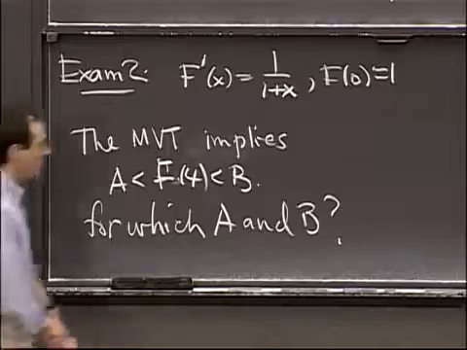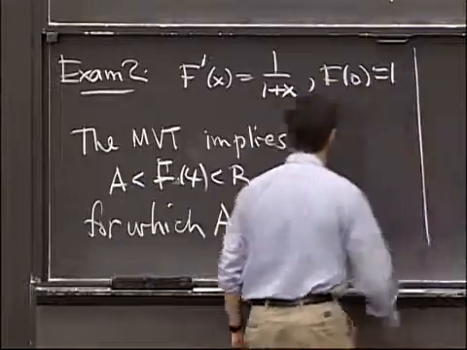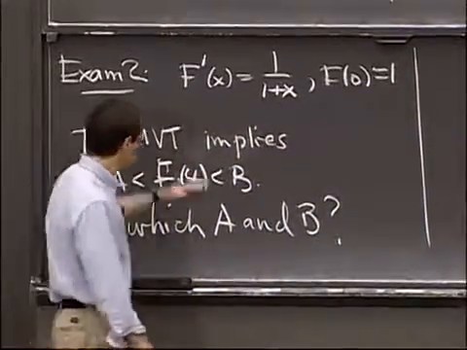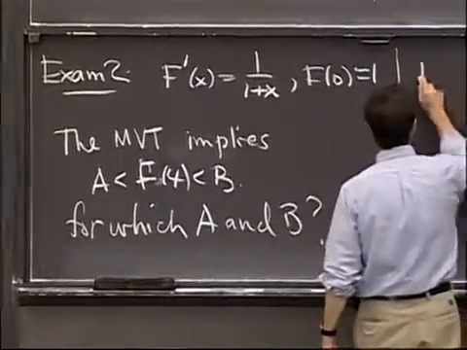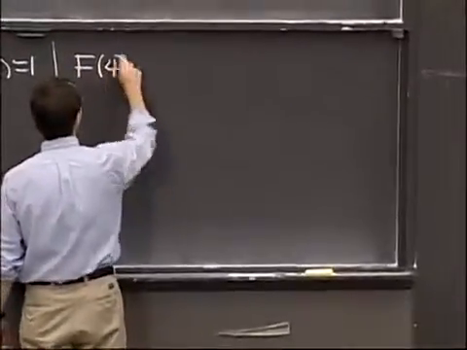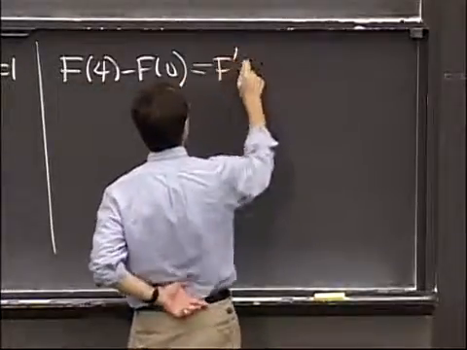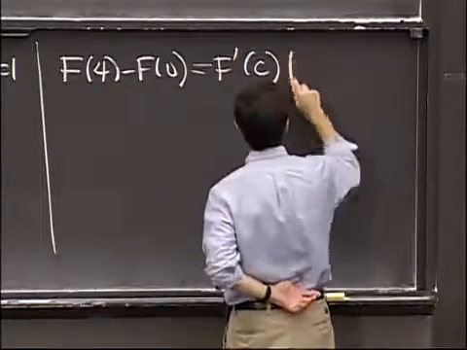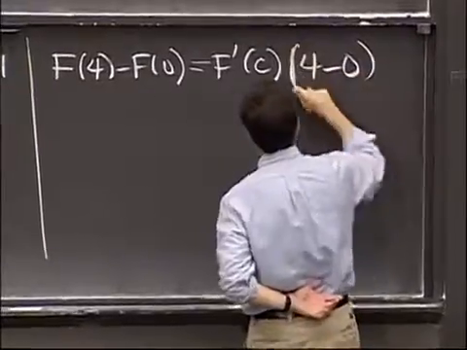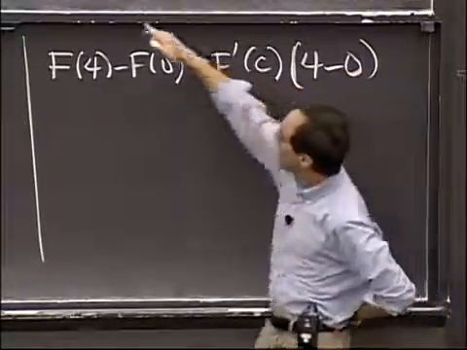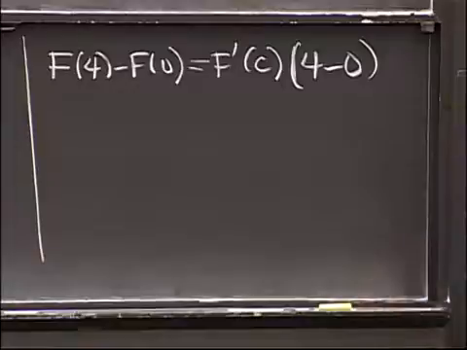So let's take a look at what it says. Well, the mean value theorem says that f of 4 minus f of 0 is equal to f prime of c times 4 minus 0. This is this f prime times delta x. This is the change in x.